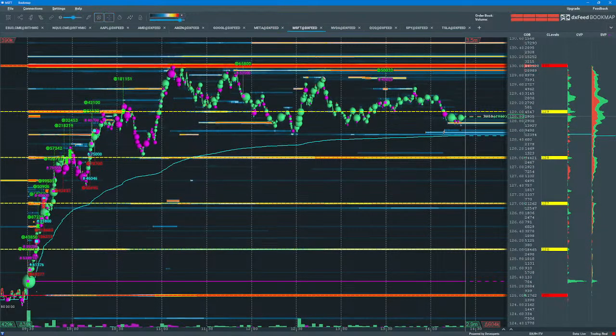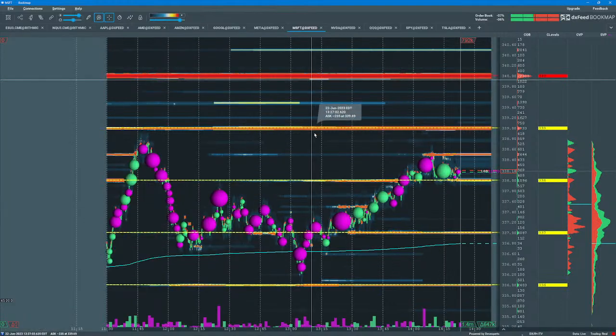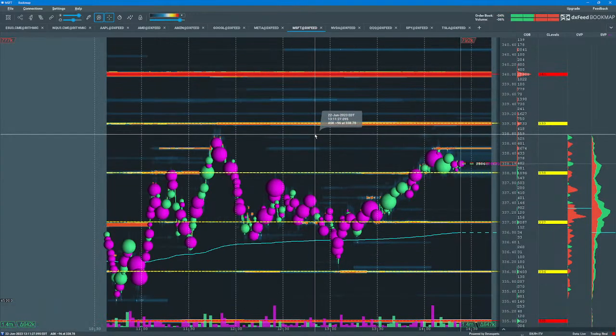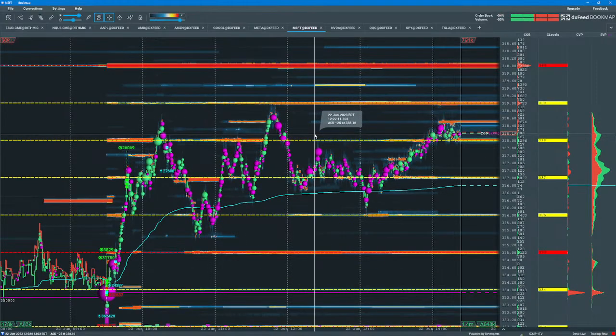We'll go to Microsoft. So there's the 340 call wall above.